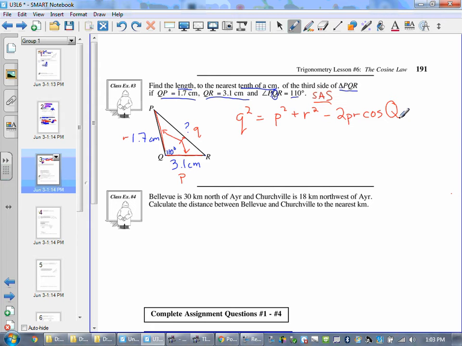So now that we've got that, we can put some numbers in. So Q squared is equal to P squared, which is 3.1, plus R squared, which is 1.7 squared, minus 2 times 3.1 times 1.7 times the cos of 110 degrees.